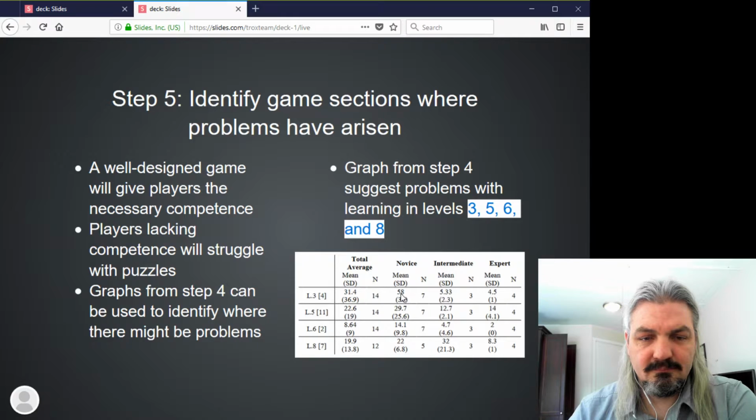And you can see for the other levels as well that the experts closely follow the optimal number of actions, while novices and also for level 8 intermediates seem to deviate quite a bit.